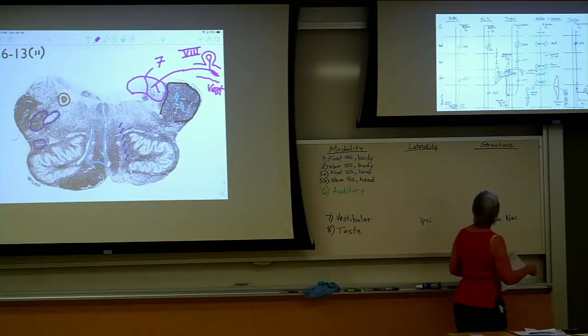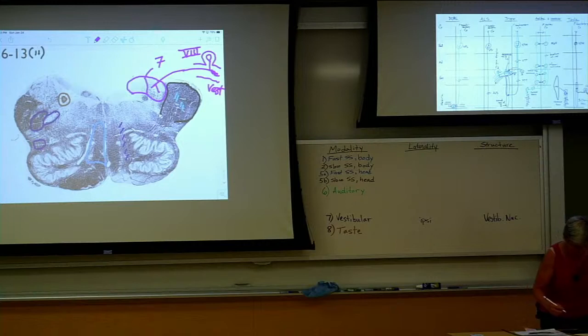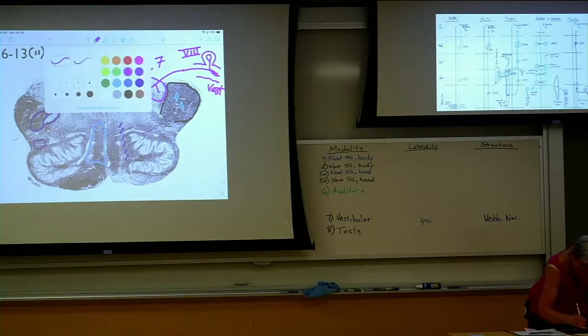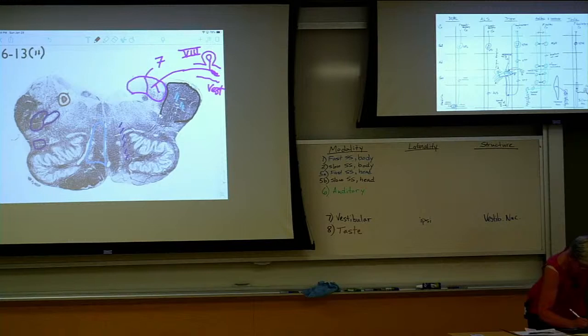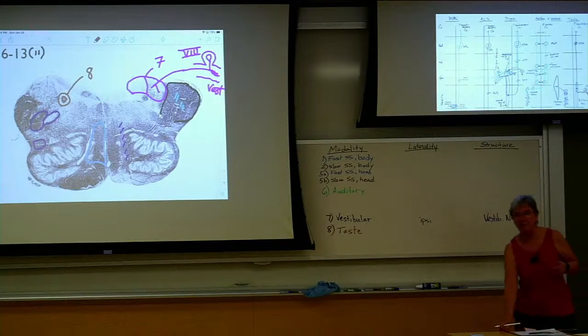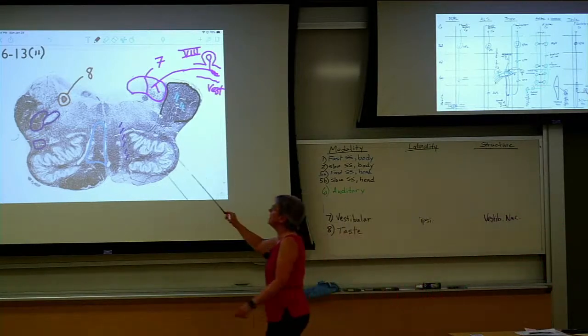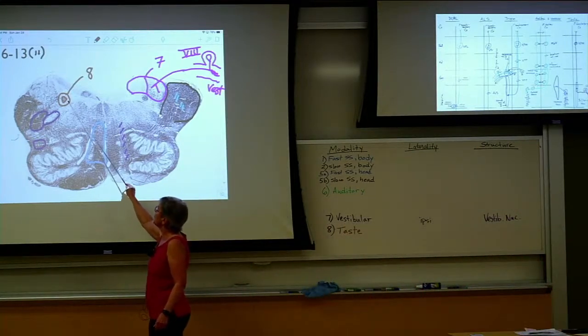Okay, what else do we have on here that's new? And the answer to that is, oops, it's not to do with the vestibular system. This one has to do with taste. And the structure that we have here is the solitary nucleus, which surrounds the solitary tract.